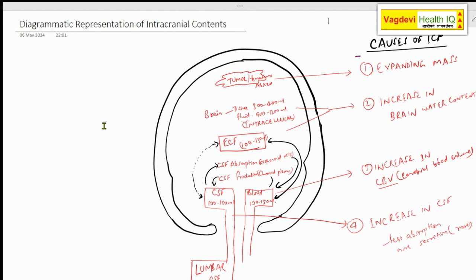Here we will pen down one compensatory mechanism of intracranial mass lesion. Suppose this intracranial mass lesion is increasing. So there is a tumor increasing in the brain, or a hematoma is increasing, or in the case of an abscess, what will be the compensatory mechanism?